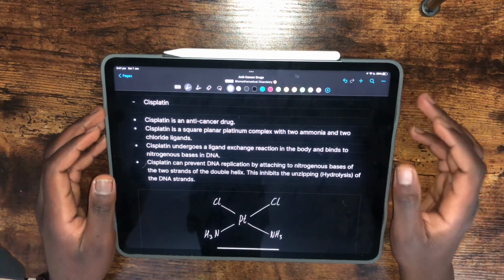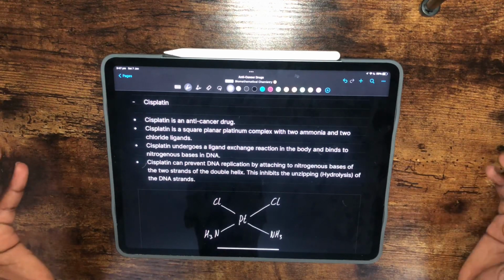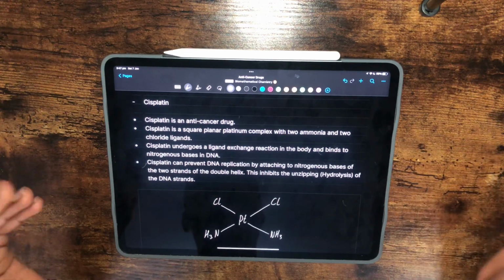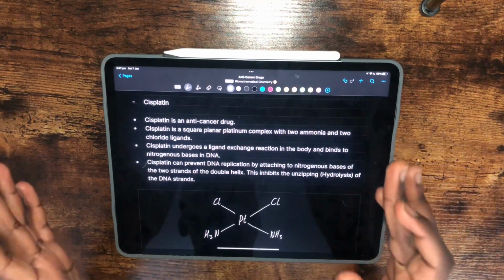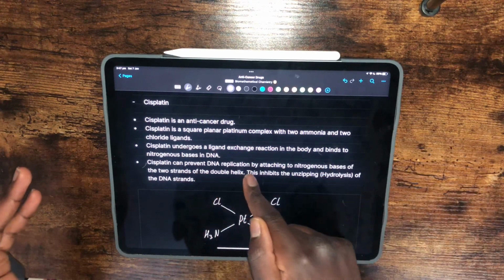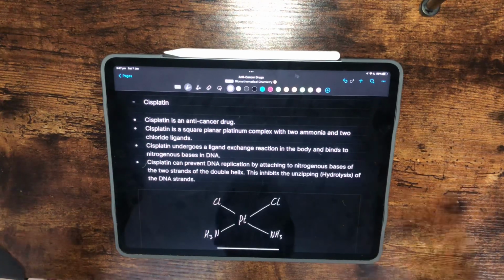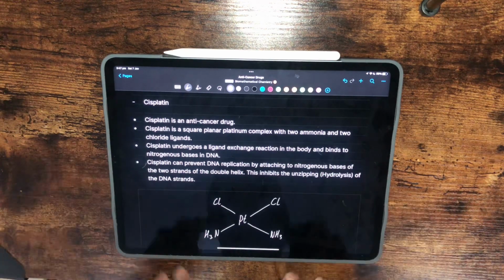But cisplatin undergoes a ligand exchange reaction in the body and binds to nitrogenous bases in DNA. You don't need to understand what a ligand exchange reaction is, but just know that it binds to the nitrogenous bases in DNA, and that if it binds to the nitrogenous bases in DNA on both sides, it kind of holds the 2 strands together. I'll show you an example of what I mean later on.